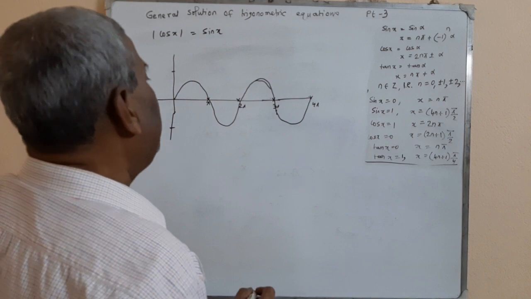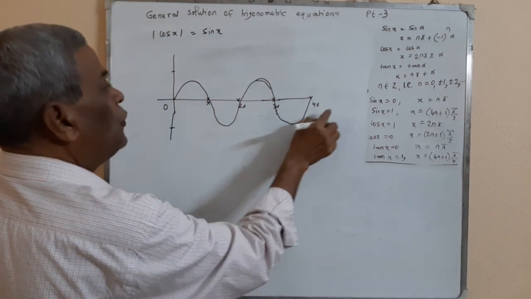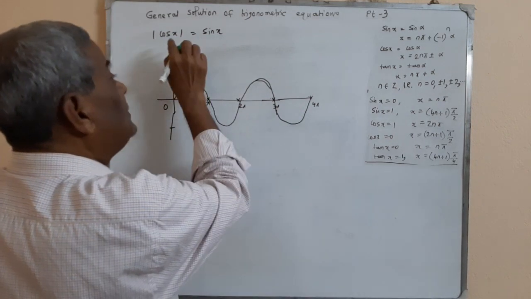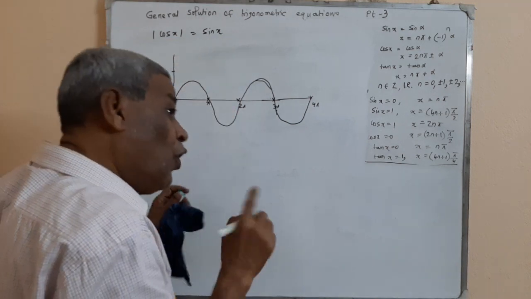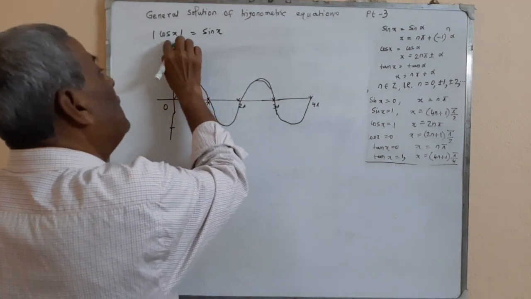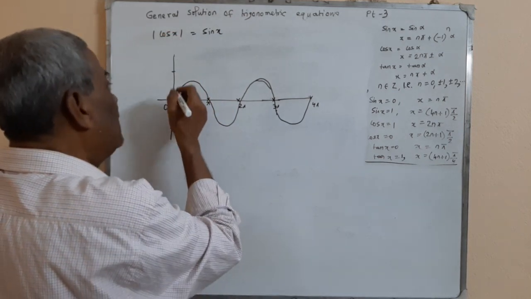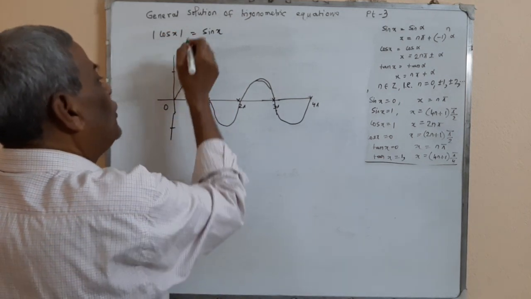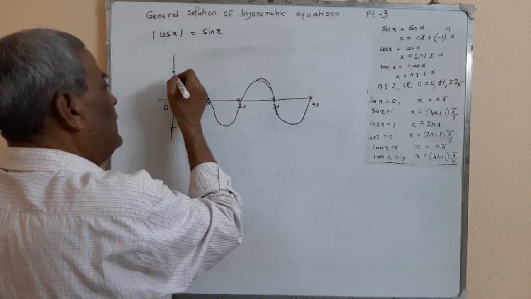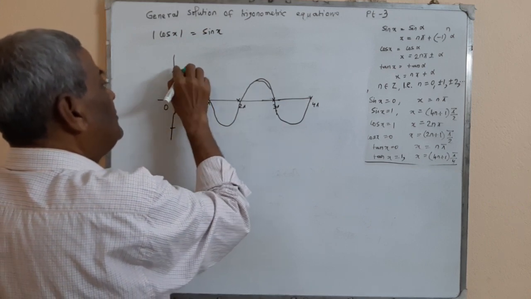This is sin x between 0 and 4π. And |cos x| will never be negative. At x = 0, |cos x| is 1.